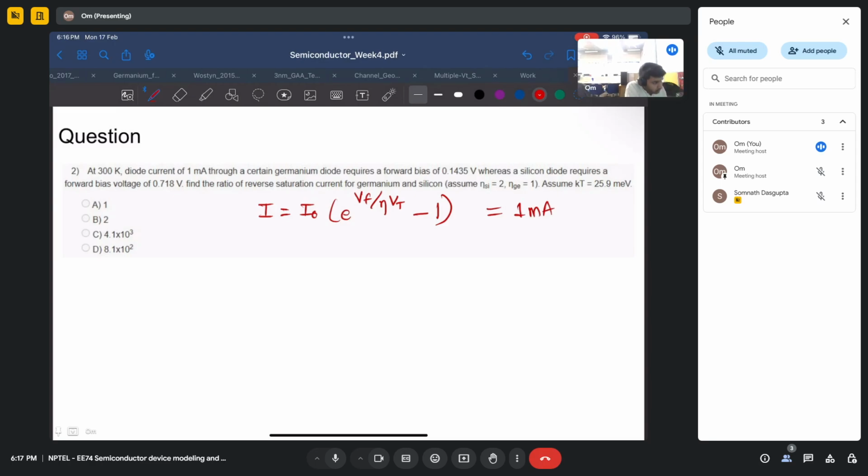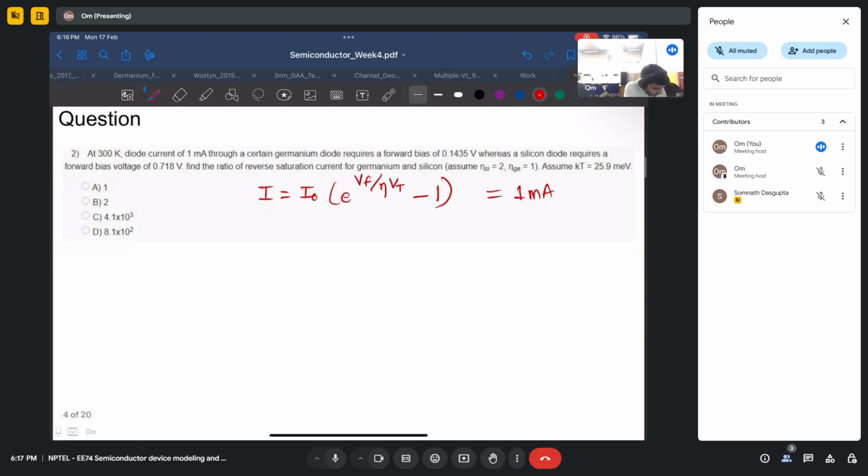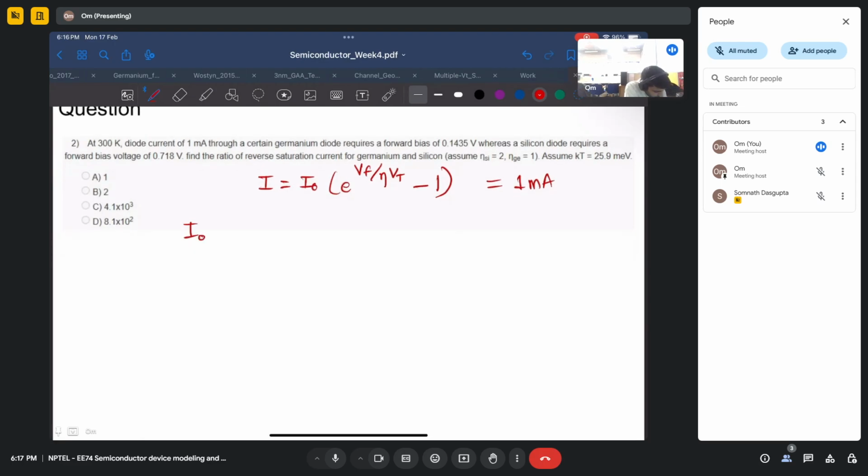And the condition that is given in the question is I naught for germanium times e to the power, the forward bias voltage 0.1435 divided by eta Vt. Eta is 1.